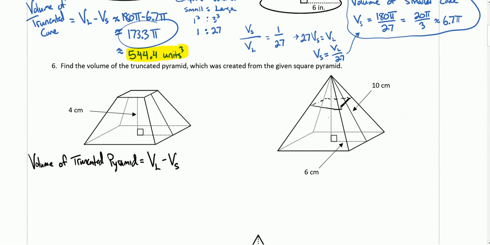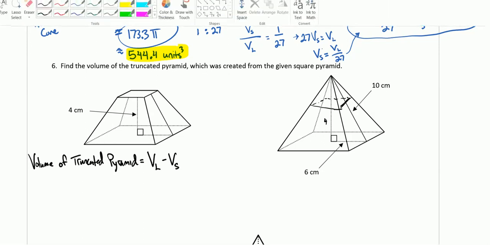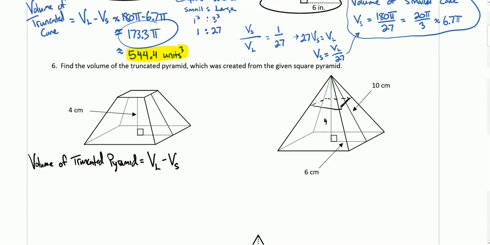What we do know is the height that's left over is 4, and we don't see the original height of this pyramid. But if you look at the part I'm going to highlight, you see a right triangle, which we can use to find the height of the large pyramid.